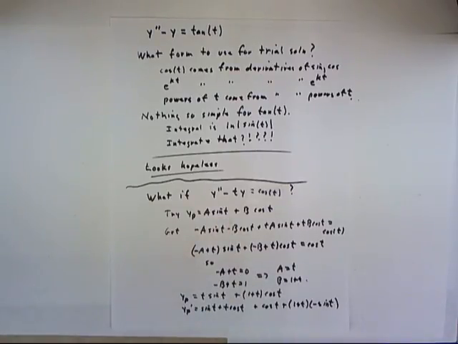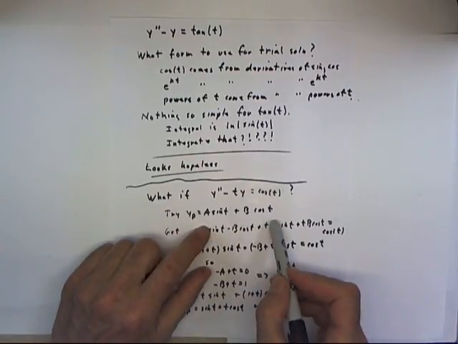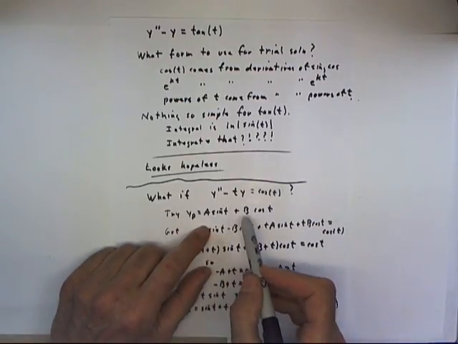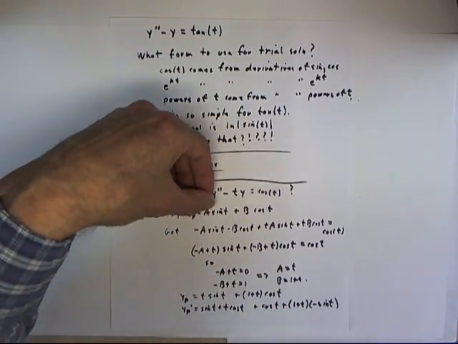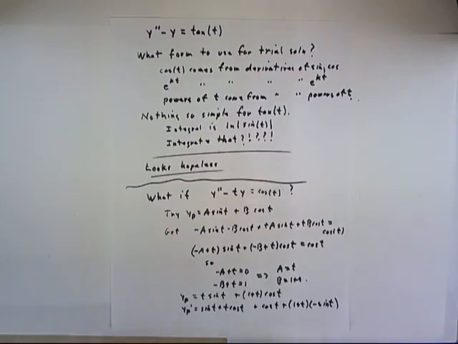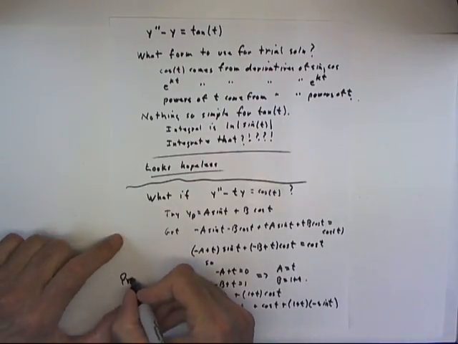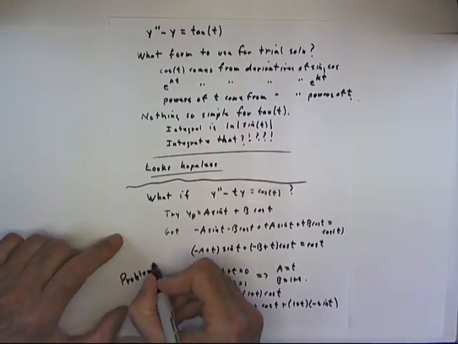And the reason it doesn't, think about the reason for a second. If you take the derivative of this, you're going to get a cosine t minus b sine t. Down here you've got 4 terms. How did that happen? Well, the problem is that t isn't constant. Remember we assumed that A and B were constants. So there's a problem here.